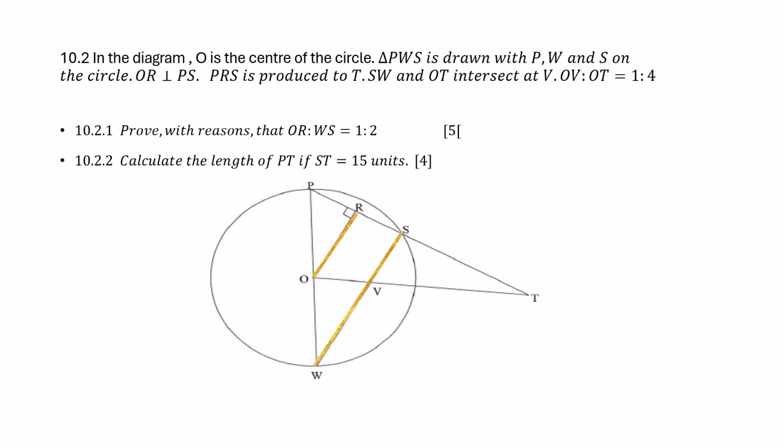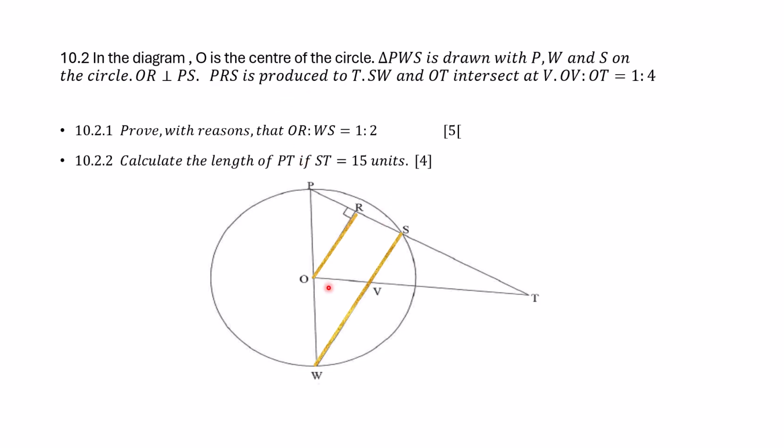So in this slide, they say in the diagram, O is the center of the circle. So the middle of the circle, the center, is O. Triangle PWS is drawn with P, W and S on the circle. OR is perpendicular to PS, so OR and PS are perpendicular, 90 degrees formed there.